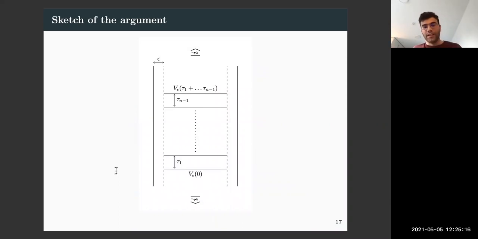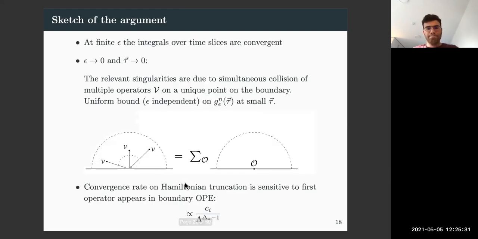The important thing is that as we take alpha to infinity, all of these t's go on top of each other. Since we set one of them to 0, all of them simultaneously go to 0. That means the relevant singularities in G will come from the simultaneous collisions of multiple operators at a unique point on the boundary.